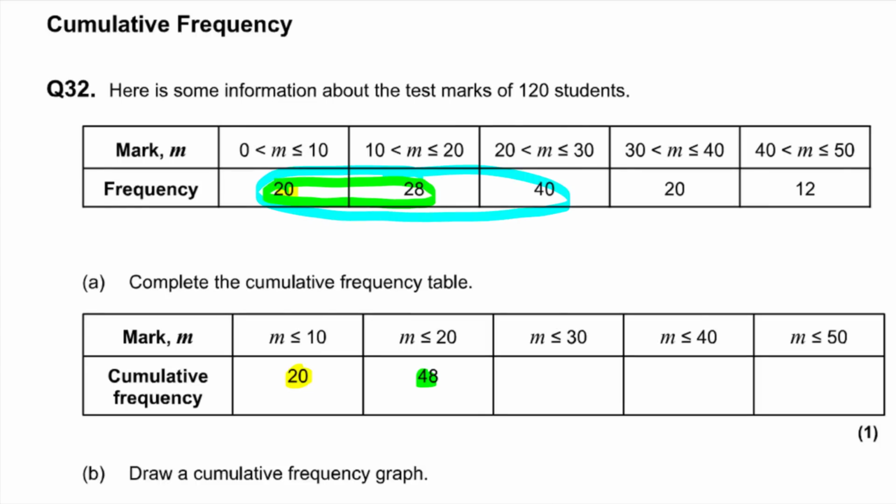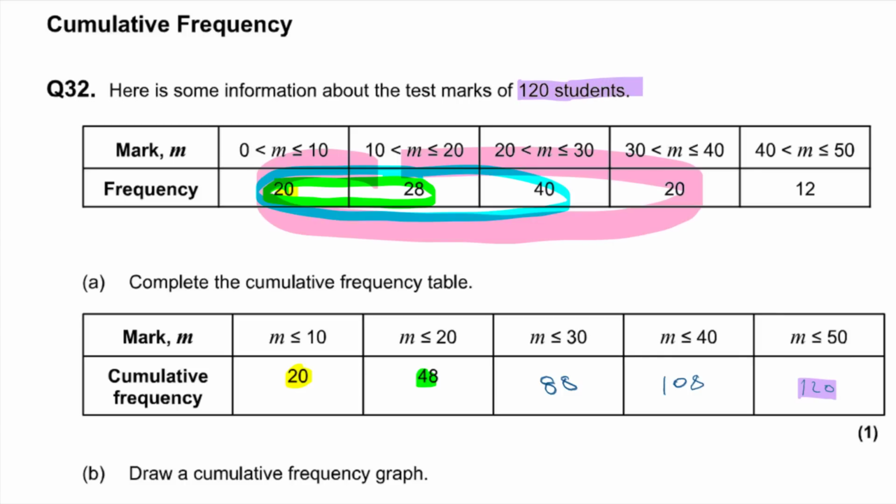Well, I already know the 20 and the 28 give me 48, so adding another 40 on, that's 88. And then the next cumulative frequency, adding the 20 on to 88, that's 108. And then the last cumulative frequency, all of them added together, that is 120. Now your last cumulative frequency, the 120, should match the question up here. If it doesn't, you've made a mistake.